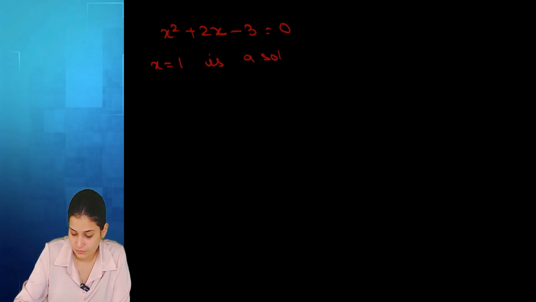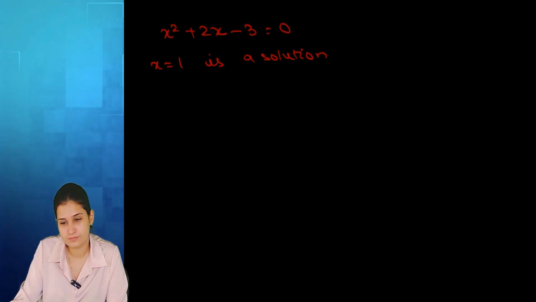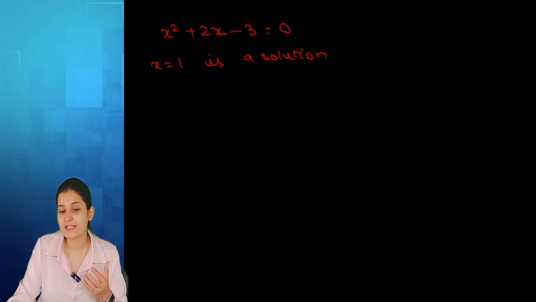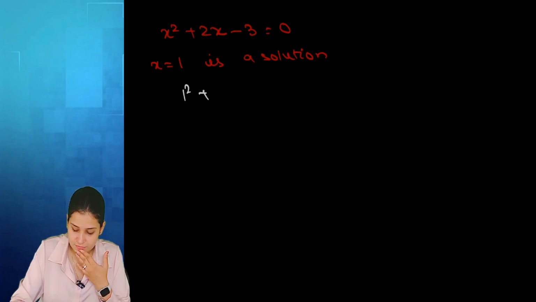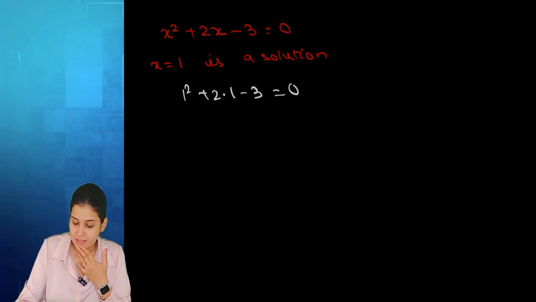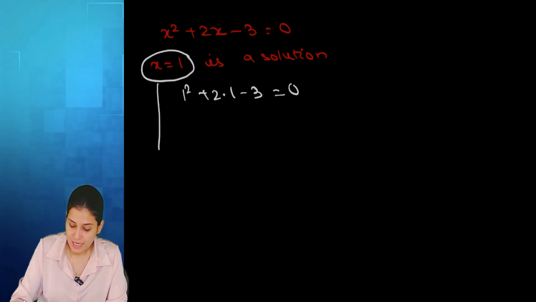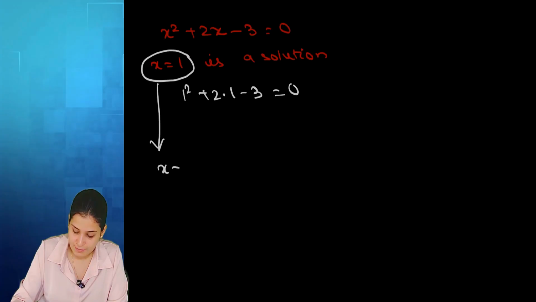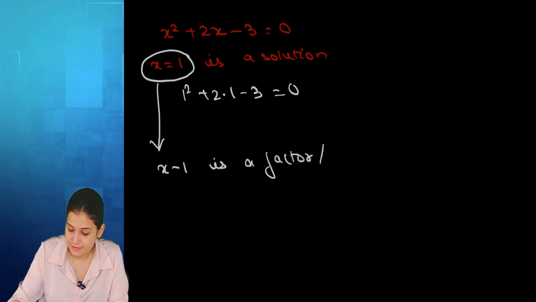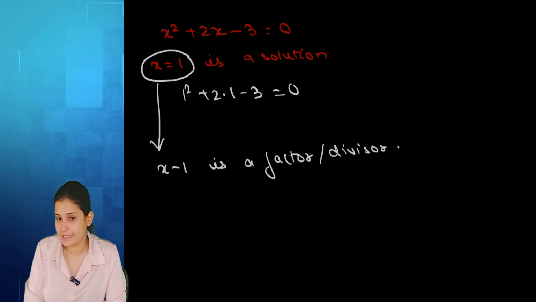Yes or no? Yes, because if I satisfy x equal to 1, I get 0. So rather than saying that x equal to 1 is a solution, I can also say that x minus 1 is a factor or divisor.